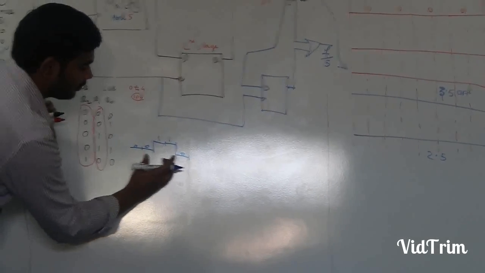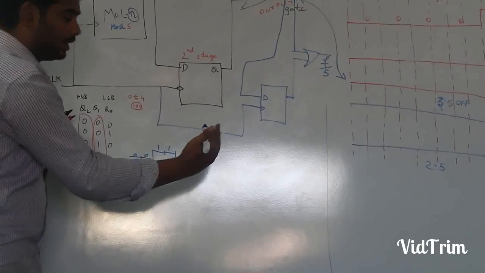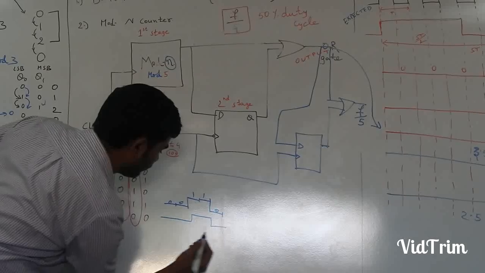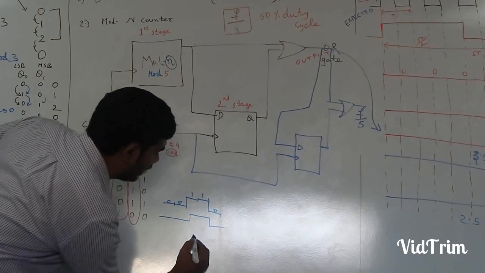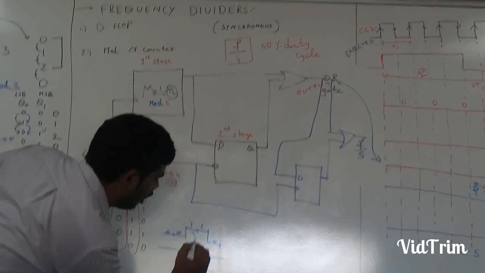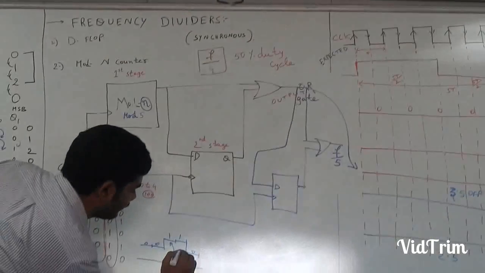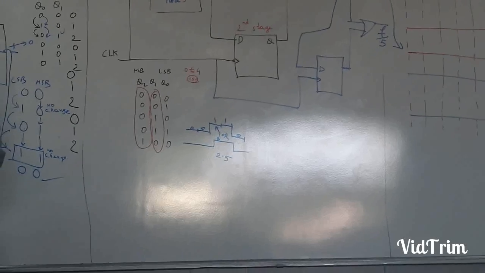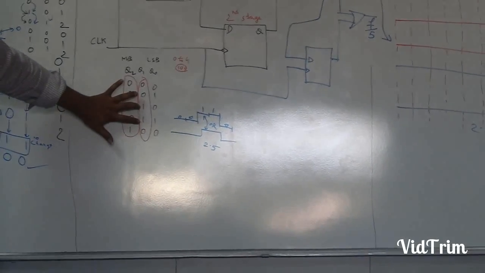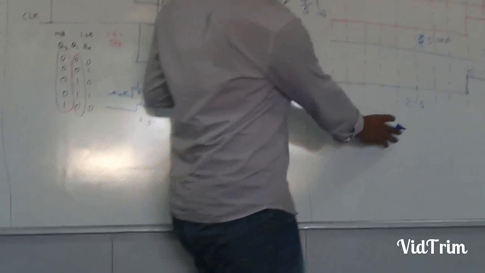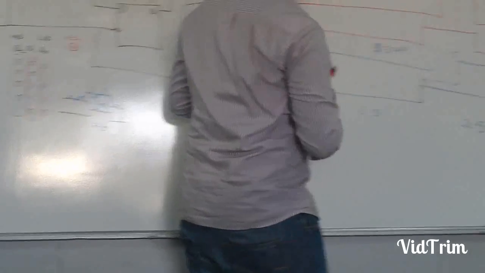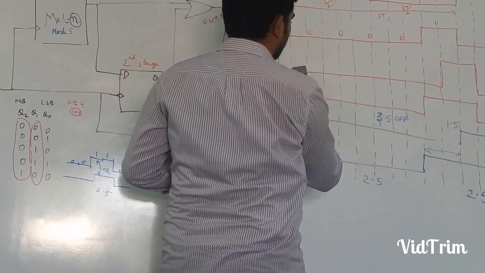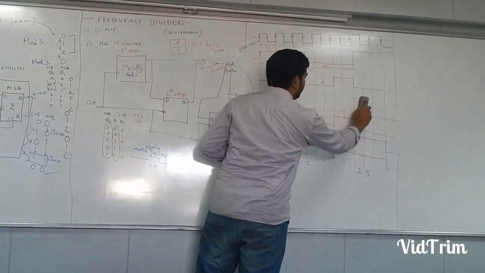If I could shift it by half a clock pulse, definitely I'll get 2 as 2.5 if I could OR these two. Agreed? See, 2 clock pulses on. The same thing I draw here, then you will know it.